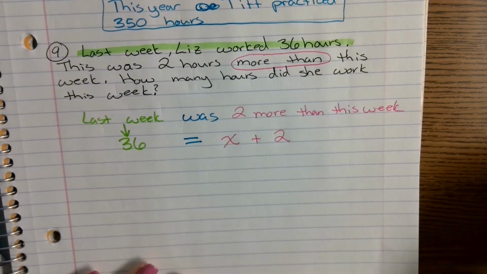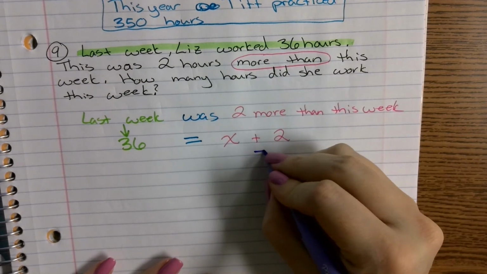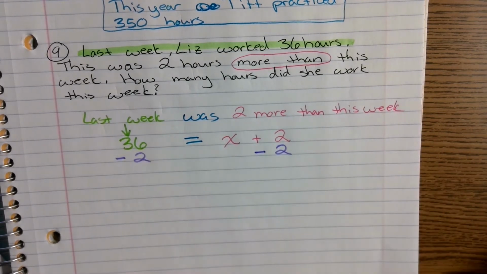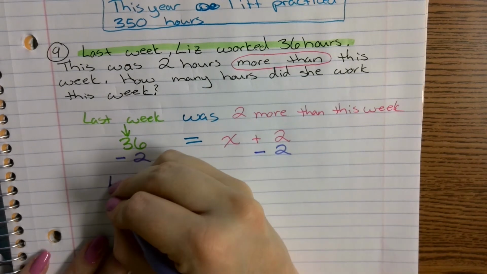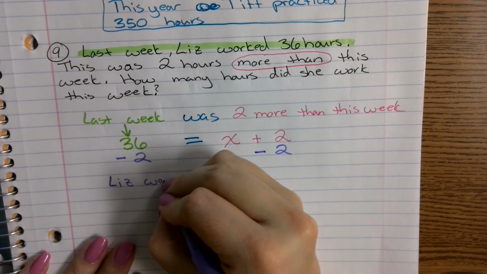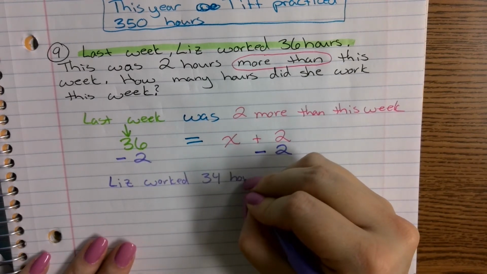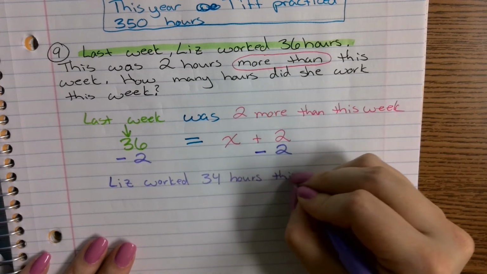Subtraction. We're going to subtract 2 from both sides. How much did she work this week? 34 hours. So Liz worked 34 hours this week.